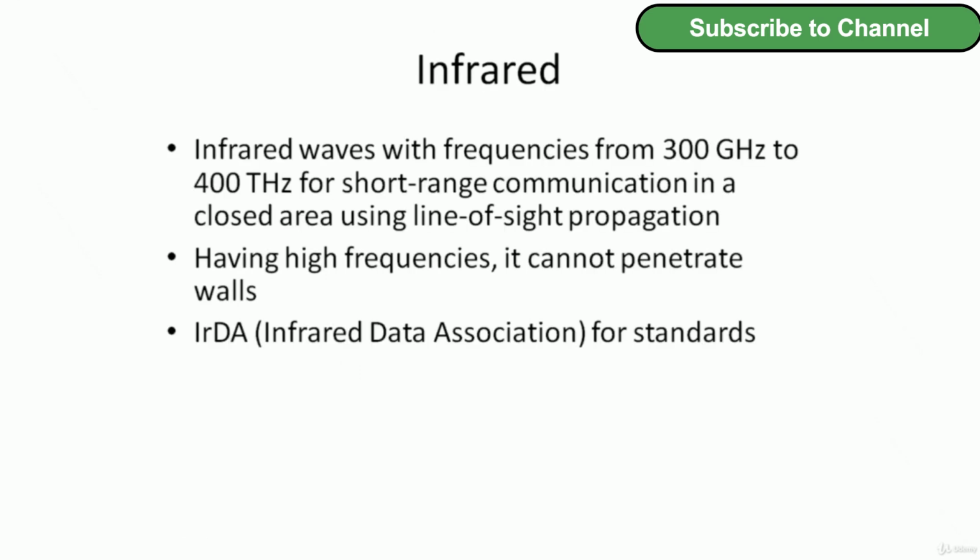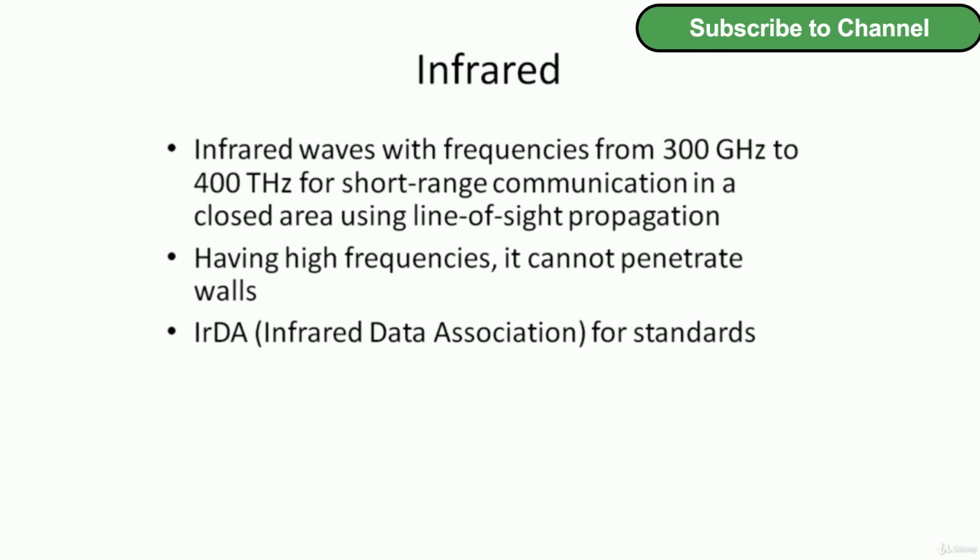So in this lecture, we have seen the transmission media. It is mainly divided into two types: wired and wireless transmission. Wired is classified in three categories: twisted pair cable, coaxial cable, and fiber optic cable.